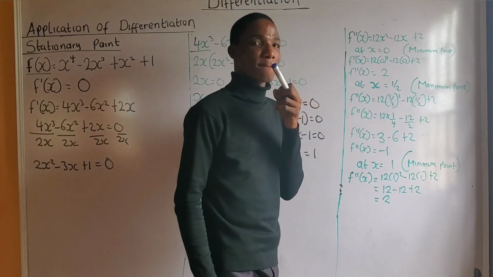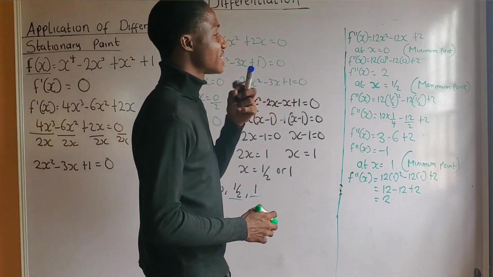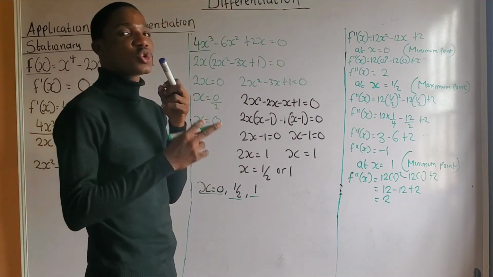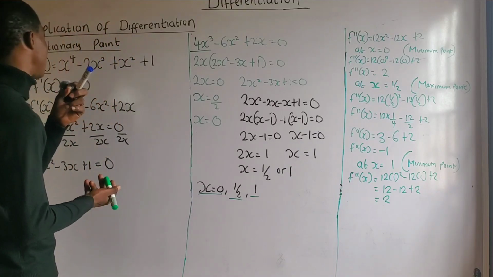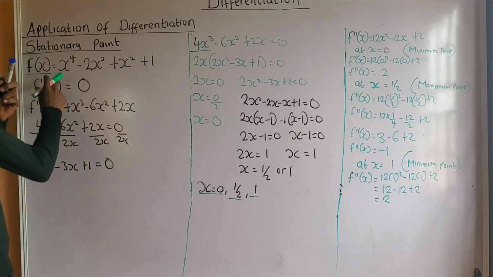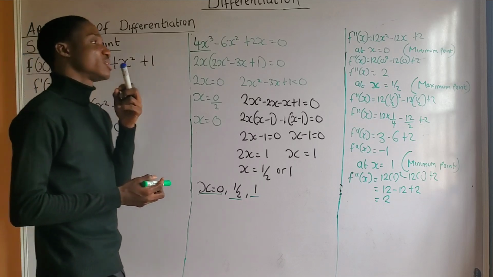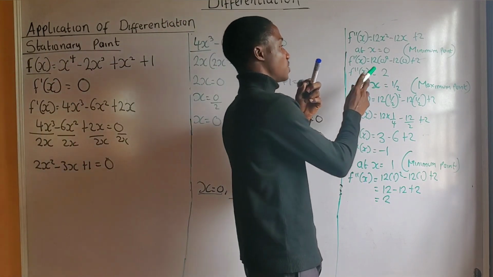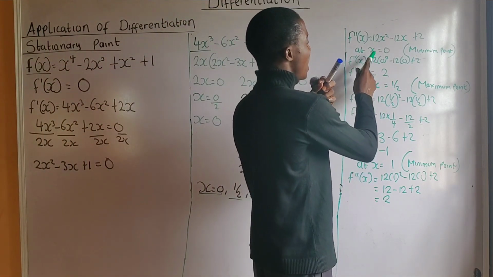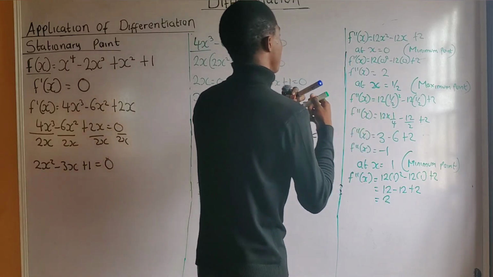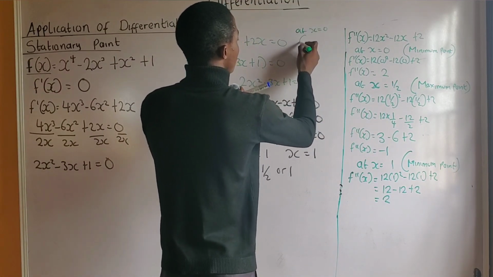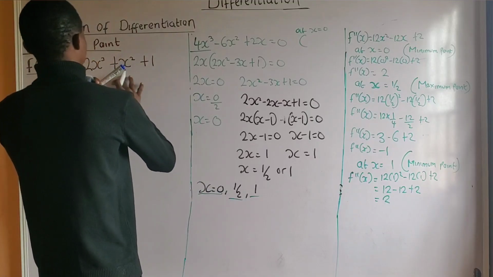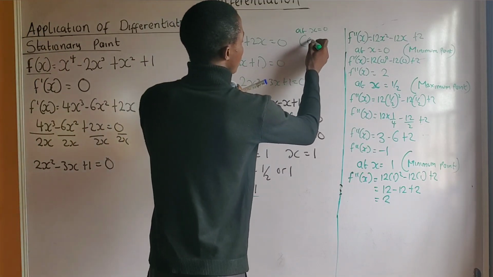Now, you can get the corresponding values of y. Like, you can get the corresponding value of f of x by substituting all these values. At x equals 0, you're going to have the point 0, 1.